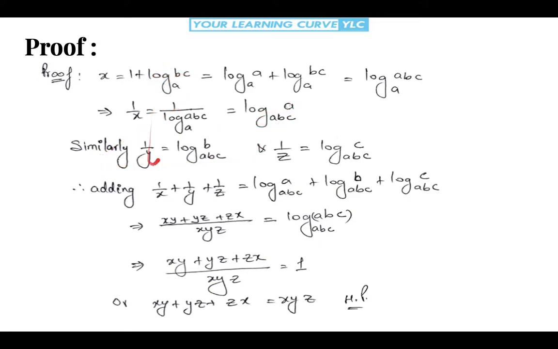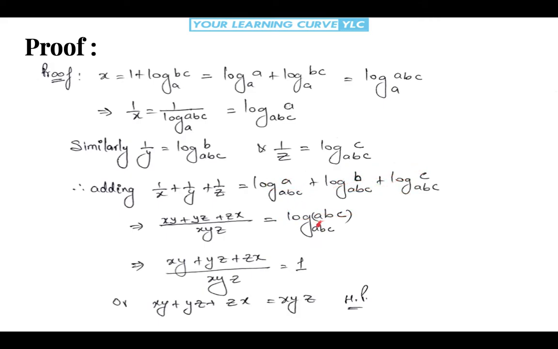By performing similar operations, 1 by y is equal to log b to the base abc, and 1 by z is equal to log c to the base abc. Now nothing more is required to be done. You just add 1 by x, 1 by y, 1 by z. It becomes log a to the base abc plus log b to the base abc plus log c to the base abc. Addition means we can multiply these numbers.